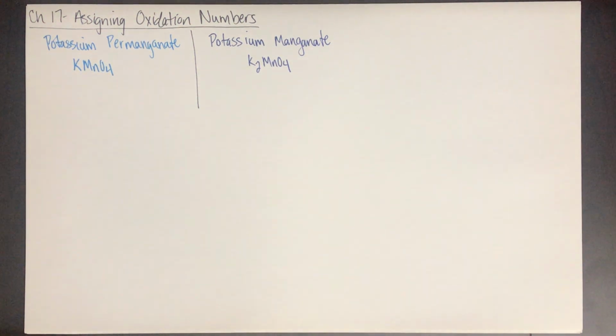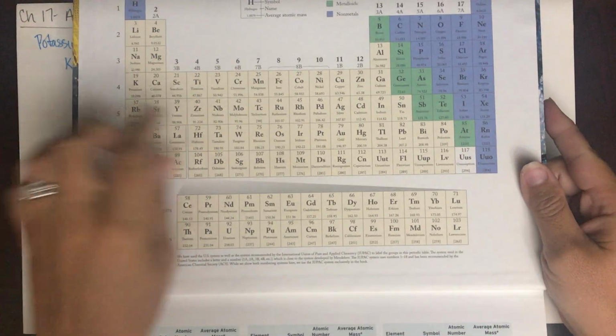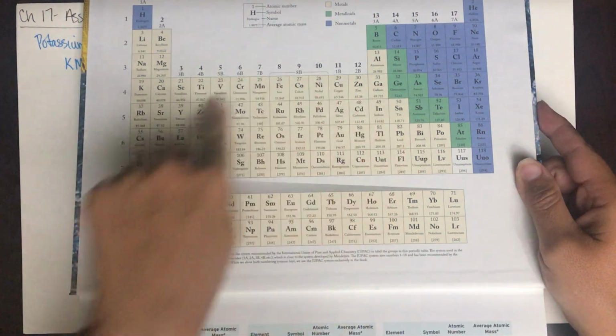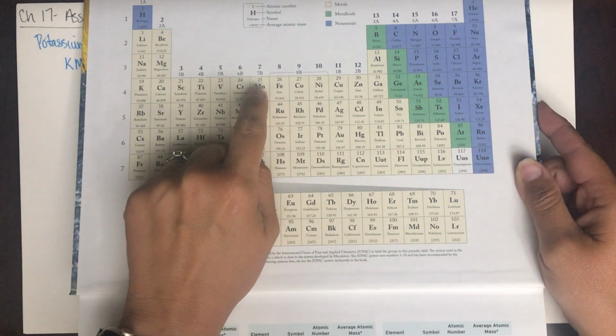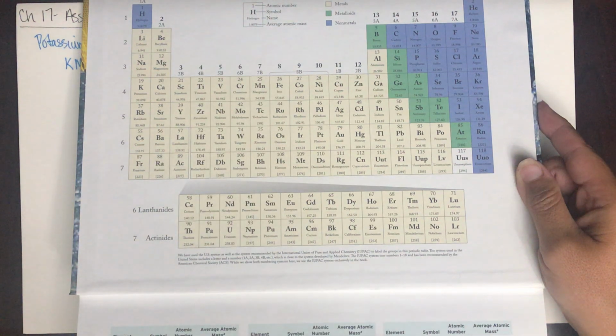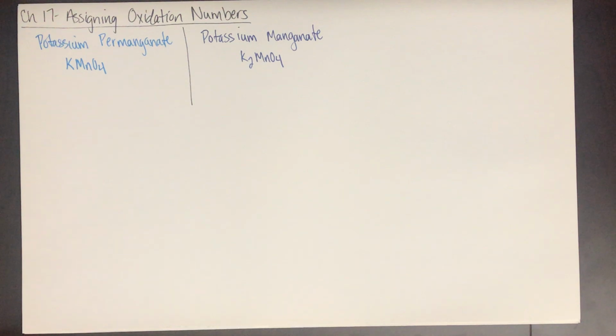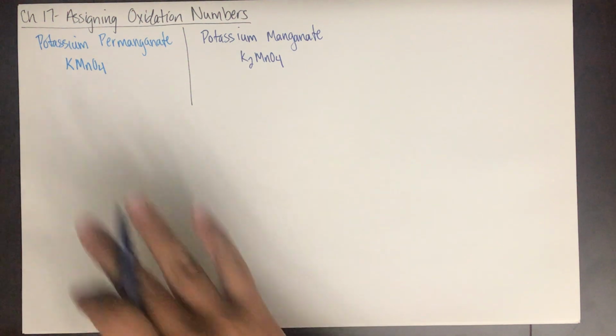But because manganese is a transition metal here in this d block of the periodic table, it can have multiple ionic charges, which means it can also have multiple oxidation numbers. So we are going to assign the oxidation number for manganese in both of these.